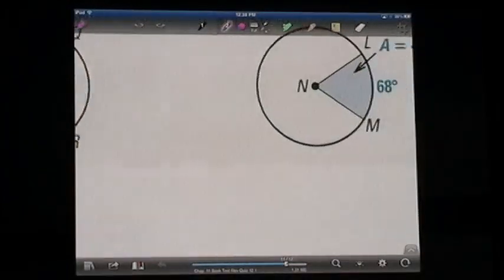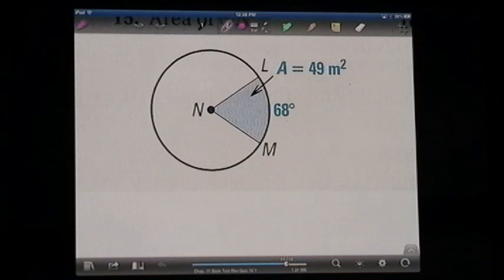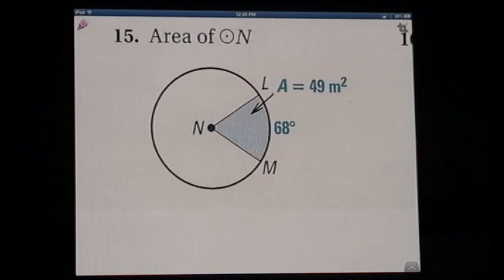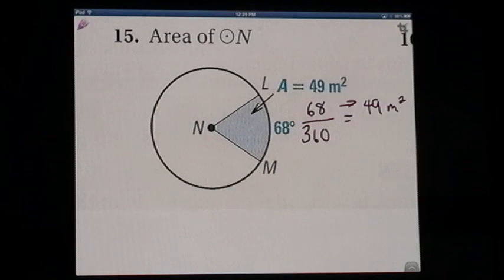Please show all your work though, so that if it comes out really strange, I can figure out what you did. Okay, and this is telling us the area of this circle is 49 meters squared, and the area of the sector. So we want to find the area of the whole thing. Well, you can set this up as a proportion. 68 degrees is to 360 degrees as 49 meters squared, and I put this together with the 68 because they're related.